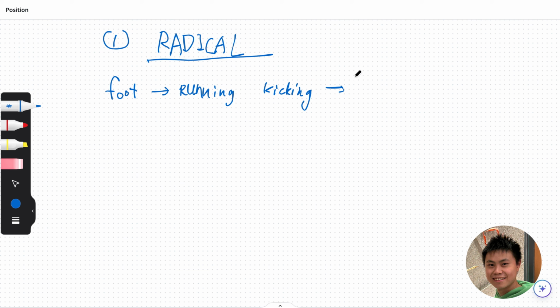They will all have this part. This comes from the foot character.